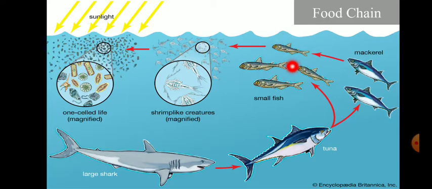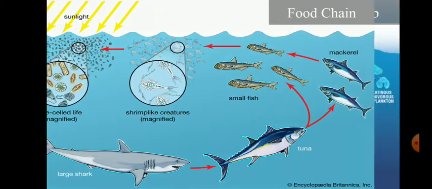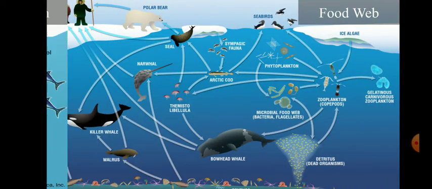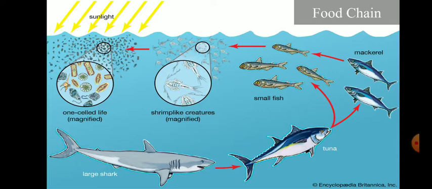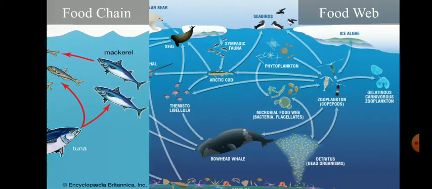Now, these fish eat the shrimp-like creatures, magnified. These are microscopical creatures or very small creatures, like these ones. One-celled life, magnified, of course. Let's continue with the next one.